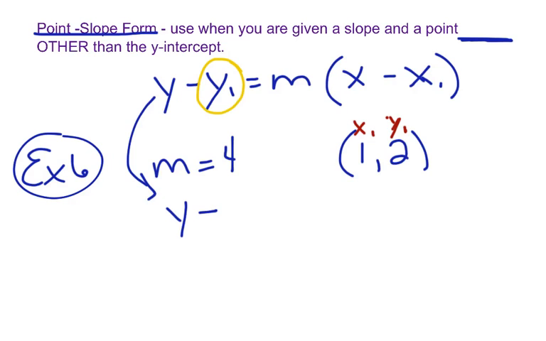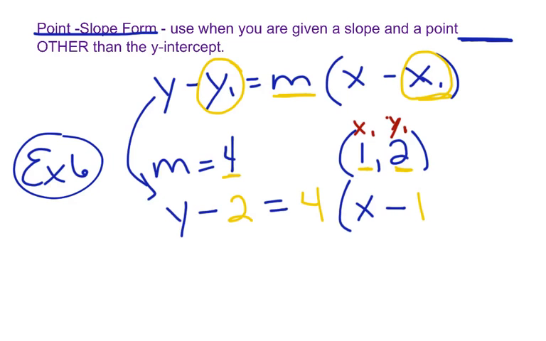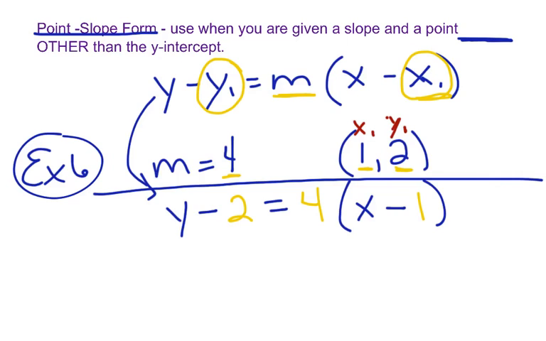My y1, I'm going to substitute in now, and that is the number 2, equals. My m is given to me here, so I am going to plug in a 4 times x minus. I need my x1, which is the value 1. I'm going to draw a line right here because that's kind of running together.